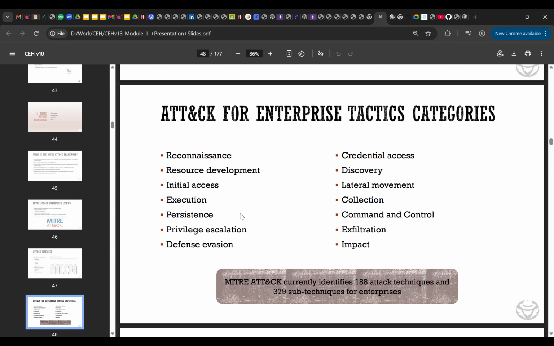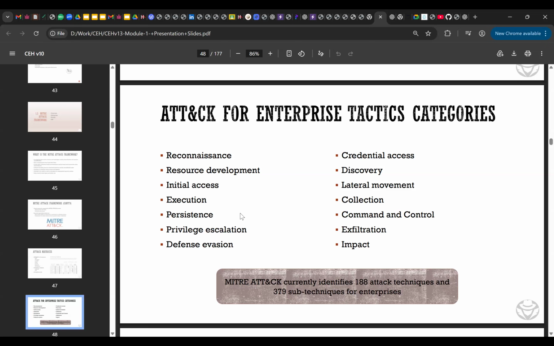The attacker can use certain approaches to identify what services are running on this machine and which versions are running, so that they can identify which services are exposed.